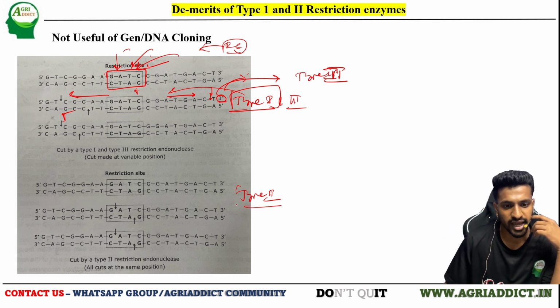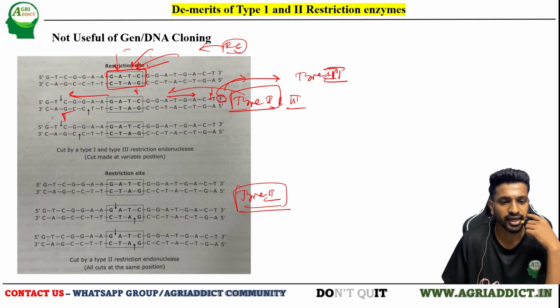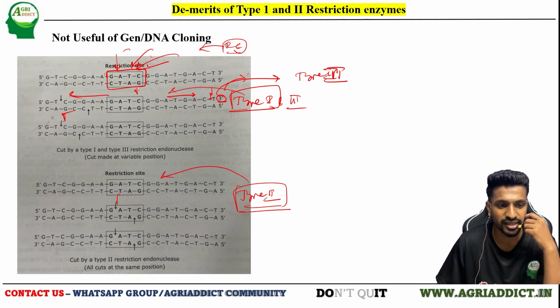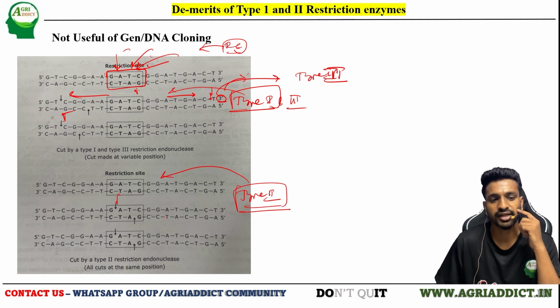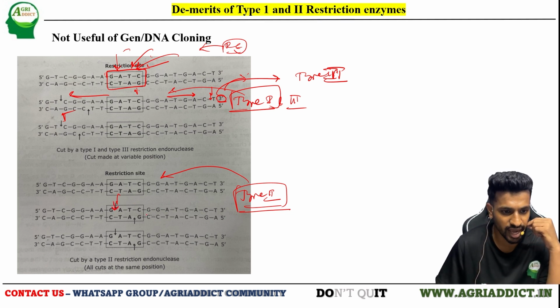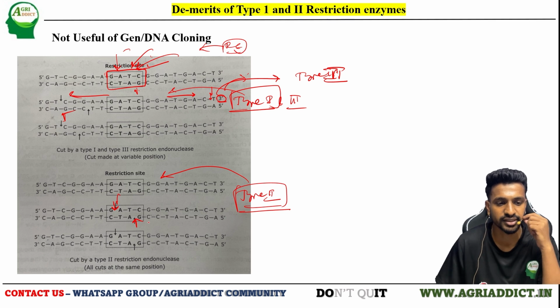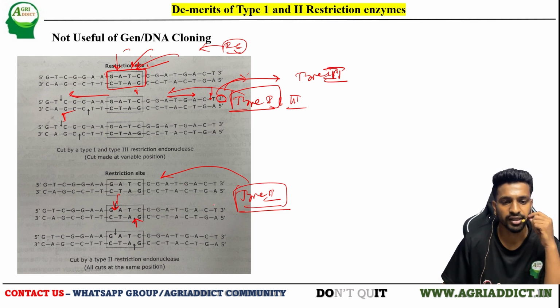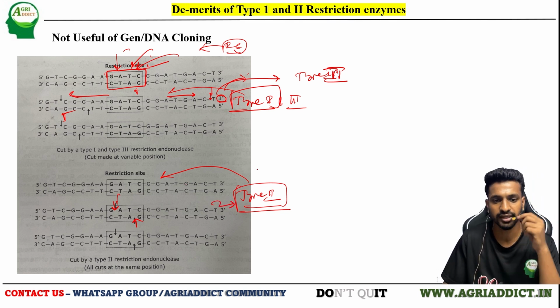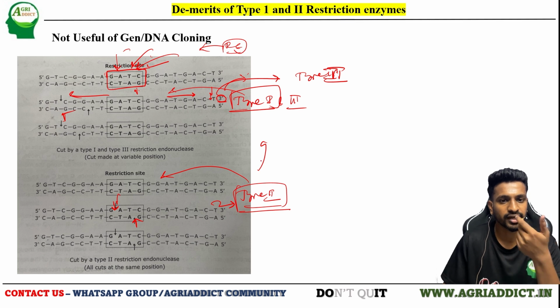But type 2 restriction enzymes recognize a certain sequence and make the cuts within that recognition site. You can see clearly the arrow mark signifies that within the restriction site the cuts have been made by the type 2 enzymes. But type 1 and type 3 make the cut away from the restriction site.